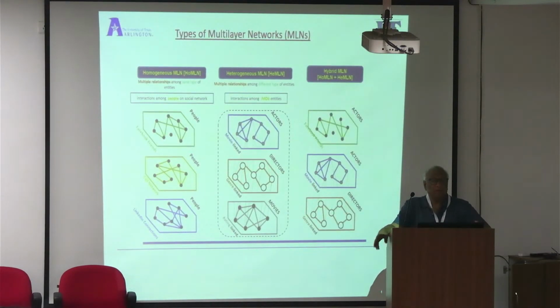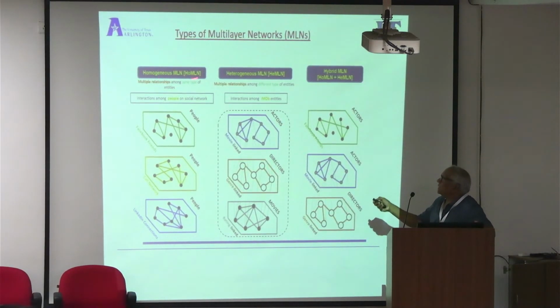So here is a one slide intro to different types of multi-layer networks. So we have, for example, on the left hand side, what we call homogeneous multi-layer networks, which means that the nodes in every layer are the same but the relationships are different.